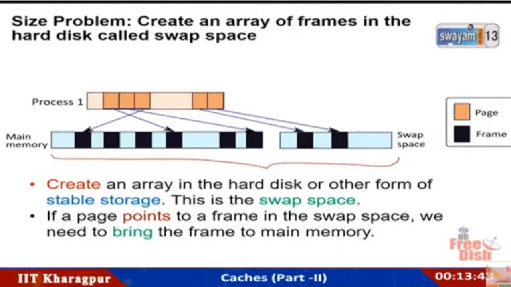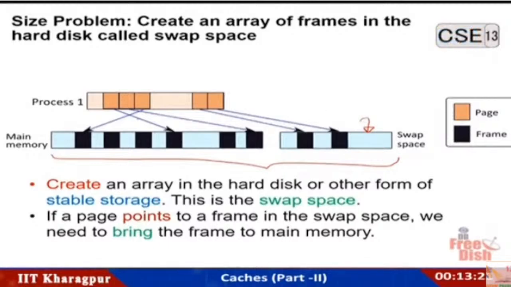This ensures that even if we are short of actual main memory, which is made of DRAM cells, we will still have enough space. But of course the swap space is much slower, significantly slower rather. So we need to do some optimizations.